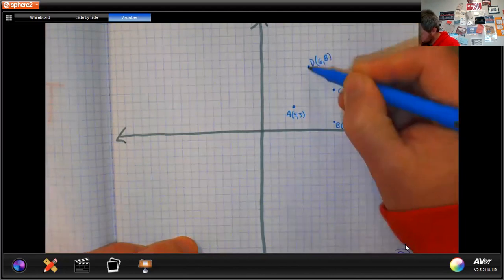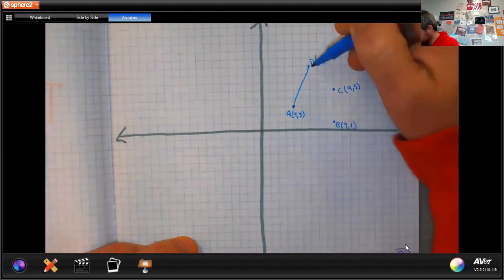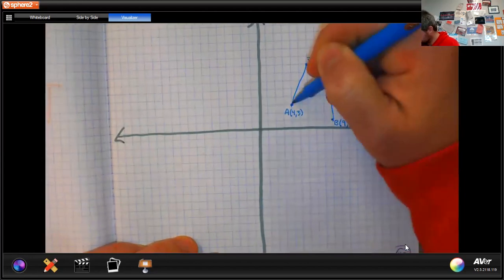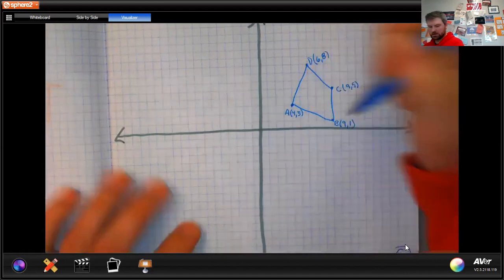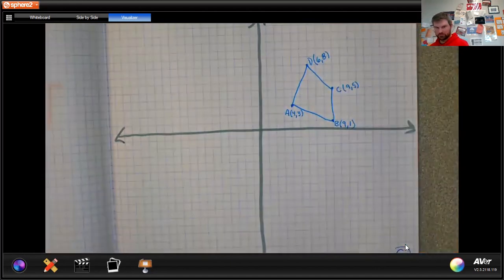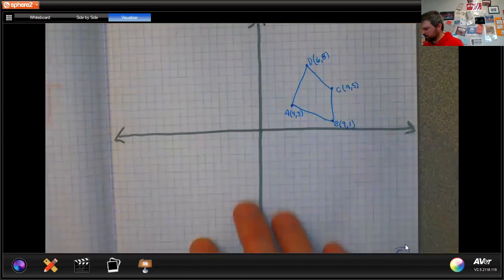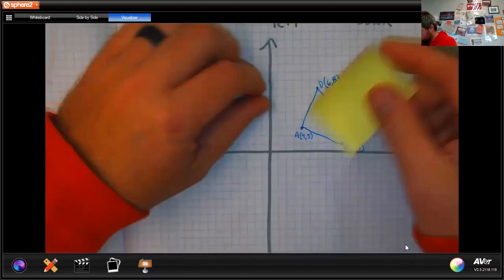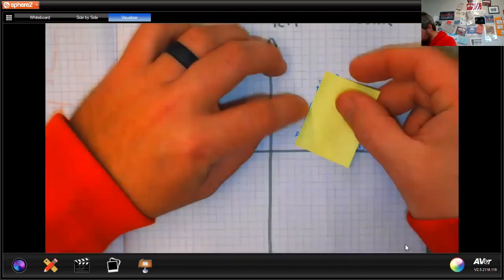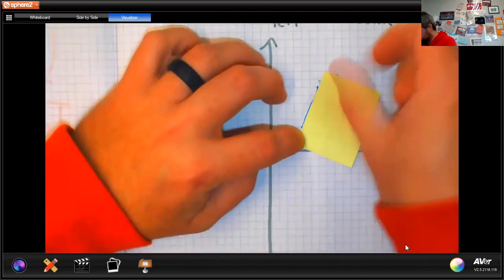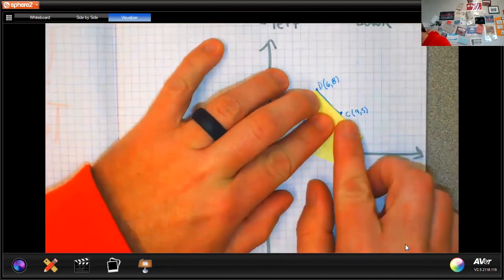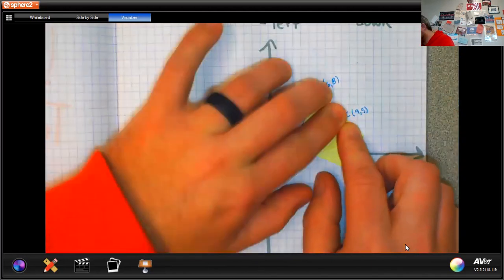And we're going to connect those points with segments. Okay, and we're going to translate this shape around to each quadrant. So I'm going to take my little Post-it here, and I'm going to make that shape. I'm going to fold this down to make that shape there.